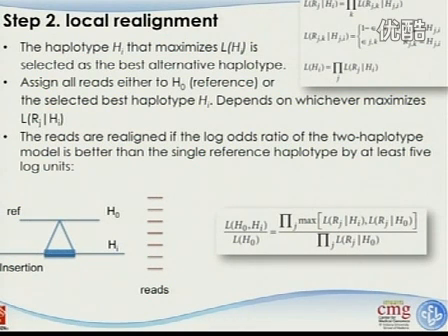I created this new haplotype in these local regions, but it had better improve the performance of the overall alignment. The way to evaluate that is, once I cause that much trouble, I had better receive enough benefit: the reads are realigned if the log-odds ratio of the two-haplotype model is better than a single reference haplotype by at least 5 log units.